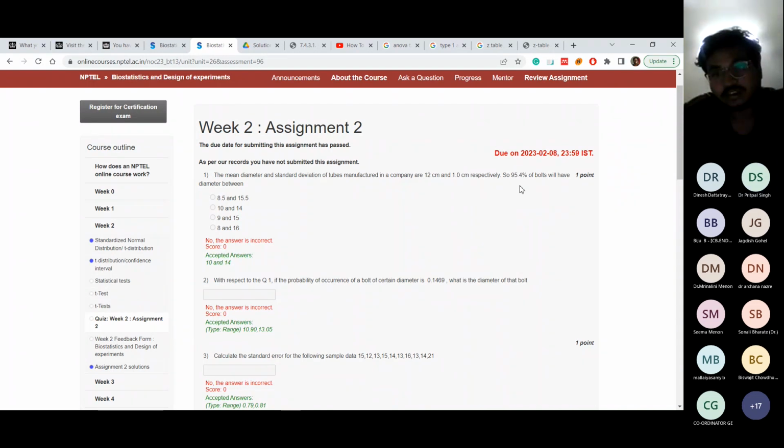And I think it's for the T distribution that you're seeing, right? In this case, we are assuming that it's a normal distribution. Nothing has been mentioned about the kind of distribution, so we just assume it's a normal distribution. Nevertheless, rounded off, it works out to between 10 and 14.